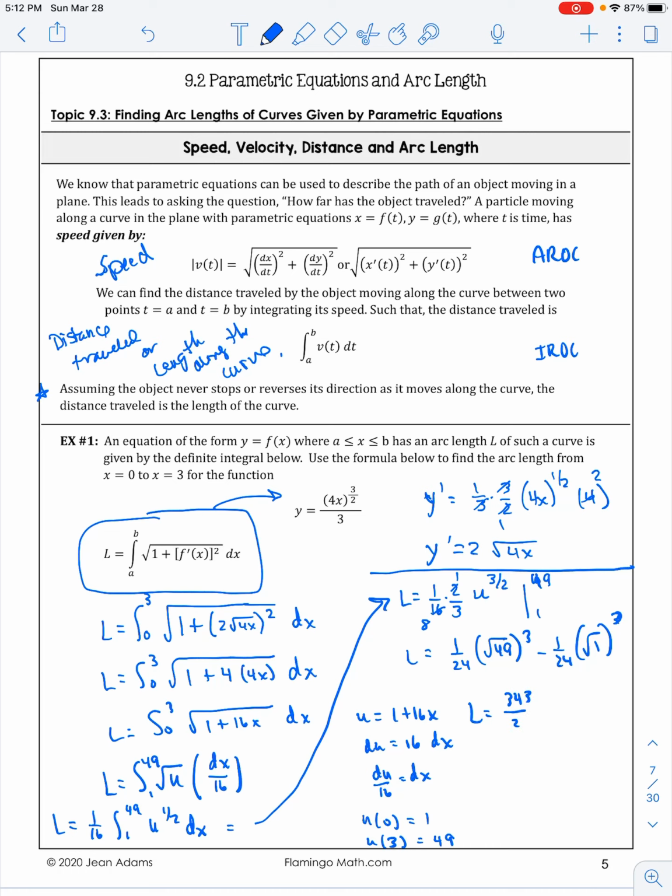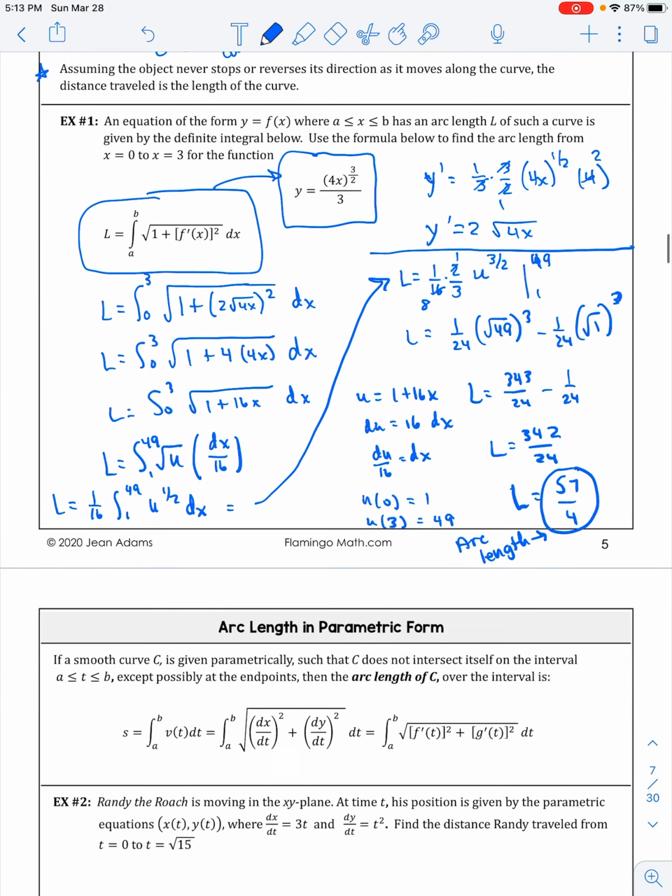So 7 to the 3rd gives me 343 divided by 24 minus 1 divided by 24, which leaves me 342 divided by 24, which they are both divisible by 6. So that will simplify to the arc length as 57/4. And so again, this is the arc length from 0 to 3 along this curve.